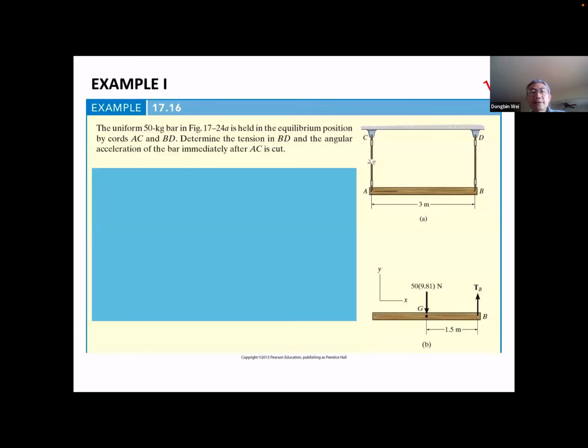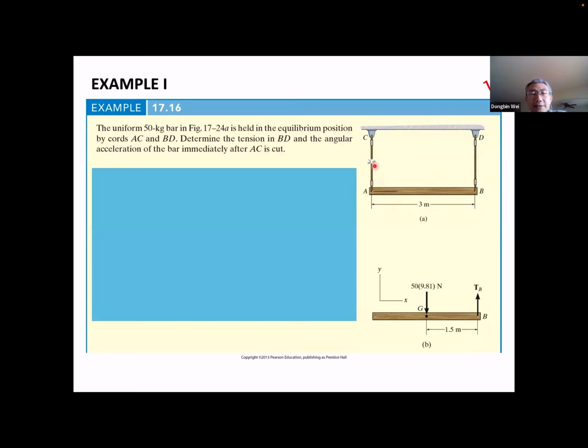So let's have a look at this first example. Try to define this problem. In this problem, there is a uniform bar, and initially it is at rest, because there are two cords, one is CA and another one is DB, holding this uniform bar.